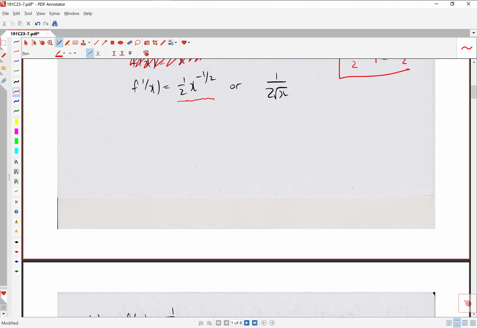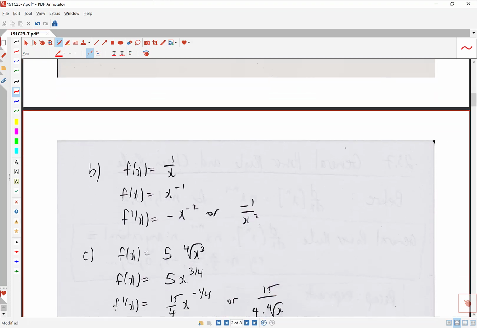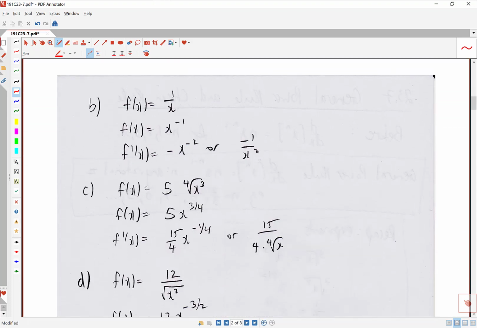Okay, let's try a few more like that. So part B, our function is 1/x. So first thing you might want to do is just rewrite your function. If you want, you can do that just right beside the function itself, and then applying the power rule, our derivative f prime of x would be negative x to the -2. So remember, to get the new exponent, you're just taking your old exponent and you're subtracting 1 from it.